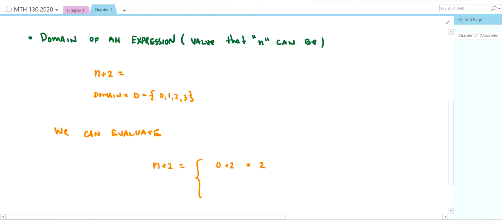This equals 2. 1 plus 2 equals 3. 2 plus 2 equals 4. And 3 plus 2 equals 5. Well, the result we get, we call the range of the equation. So we have our domain of the equation, or the values that n can take on, and then we have the result, or the range of our equation.